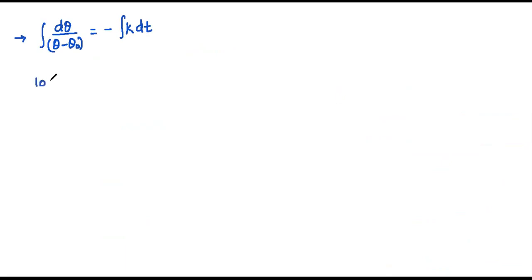So I am getting log e theta minus theta naught is equal to minus k, and this is k dx. K dx is nothing but kx plus, so here it is t. Therefore I am writing t. If dt is there, t. If dx is there, x. Remember this. And this is c. So I got like this.